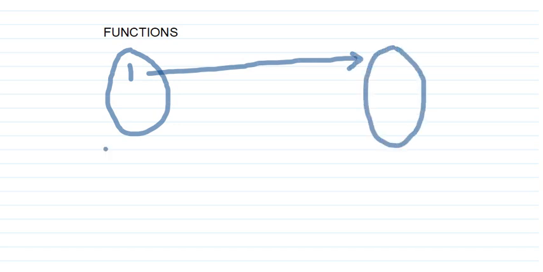So this is an input. Then we'll have an output. So a mapping is a rule that maps this to give us an image.